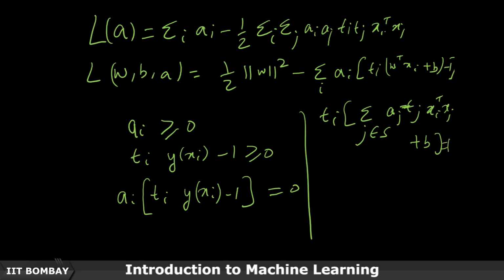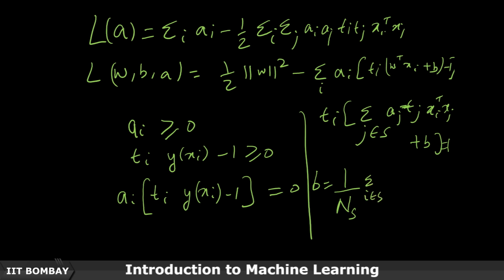And when we solve for this, what we will get is b equal to the average over the support vectors, so we are not counting any of those where a_i is equal to 0. The sum over i belonging to the set of support vectors.